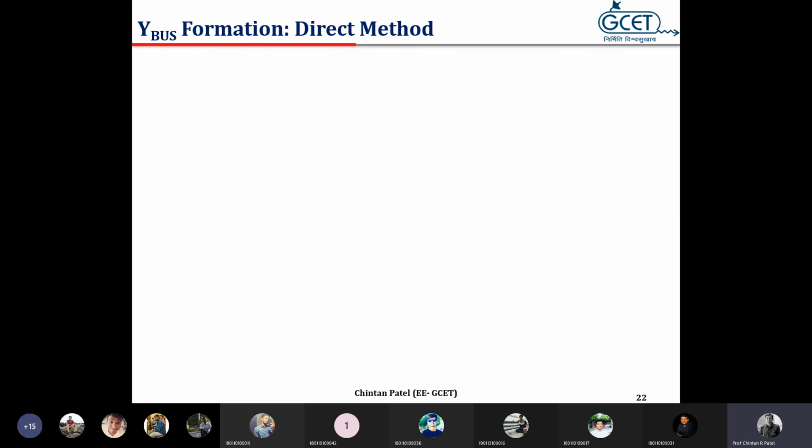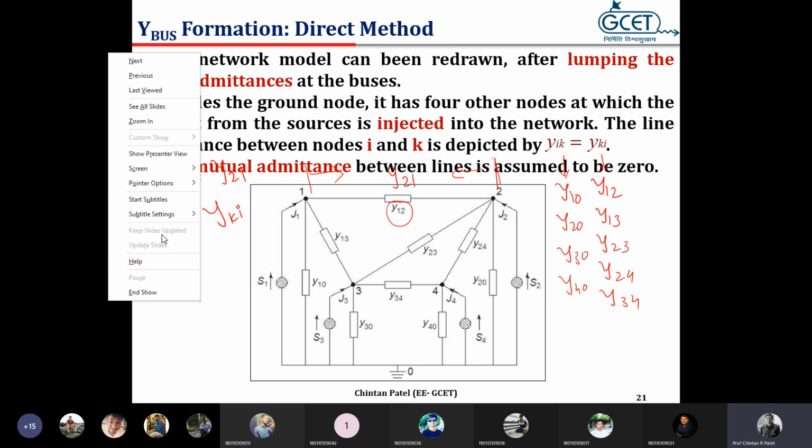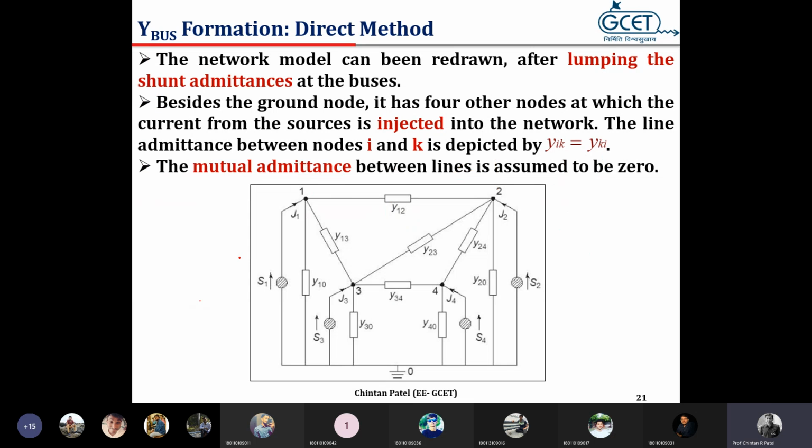if we apply Kirchhoff's current law, we need to observe the diagram again. Apply KCL at bus 1. What is the possibility? Bus 1 is receiving the current J1, and there may be 3 outgoing paths.